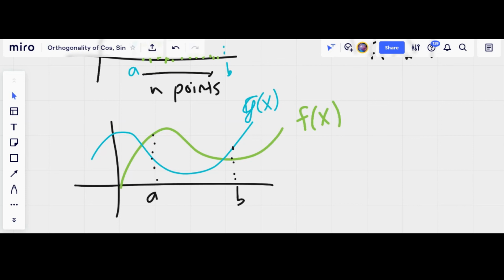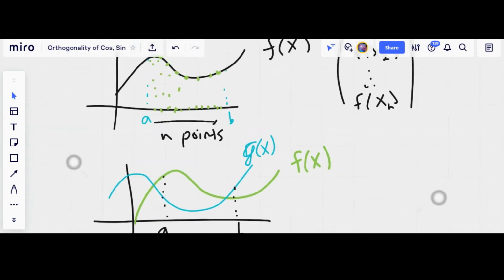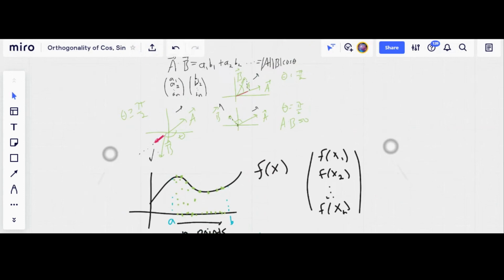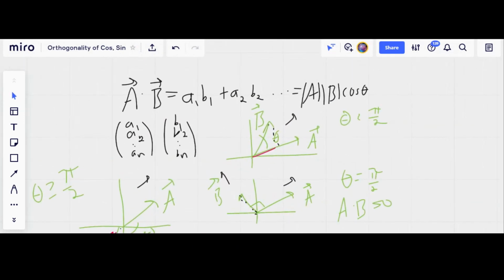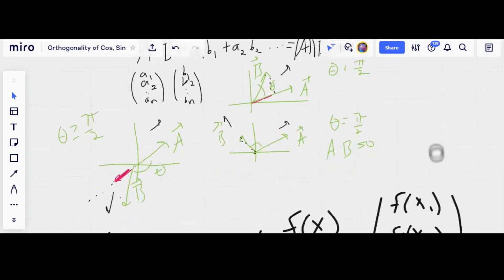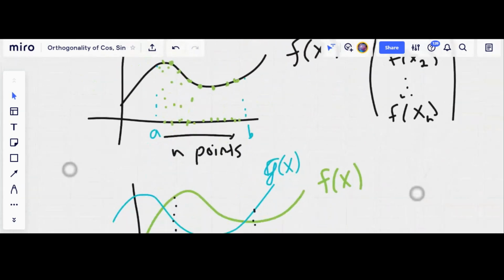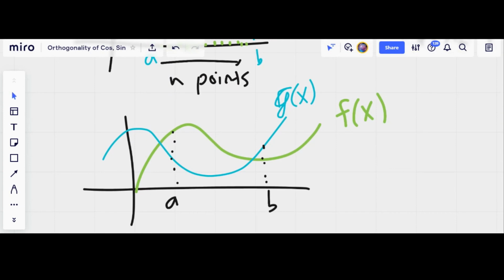Well, if we were to do it naively in the fashion that we are familiar with, we would simply take the first entry in that vector expression for f, times the first entry in the vector expression for g, right? However, we have an infinite number of points, and we're only looking at this function between an interval a and b. We're only considering values of f and g that are in the interval between a and b.